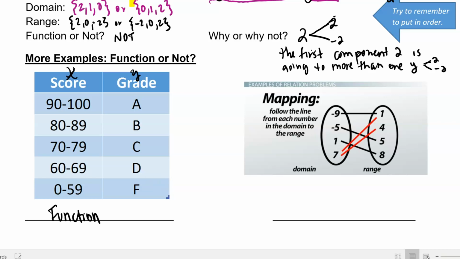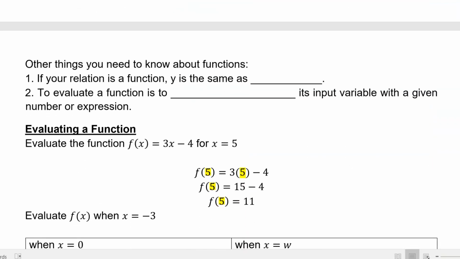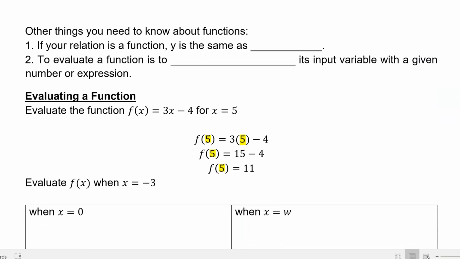It works. But what about this one over here? Let's say this circle contains the x's and this circle contains the y's. It is not a function because, as you see in red, this 7 is going to 2 different y's. So not a function.